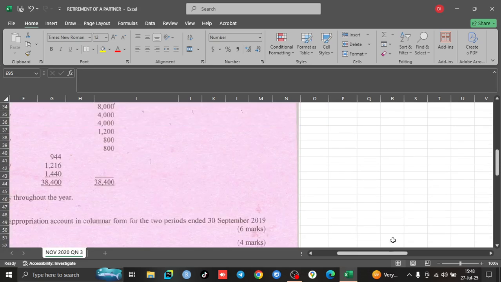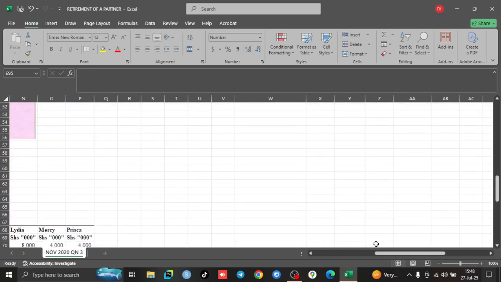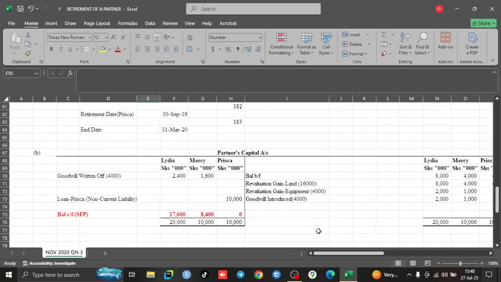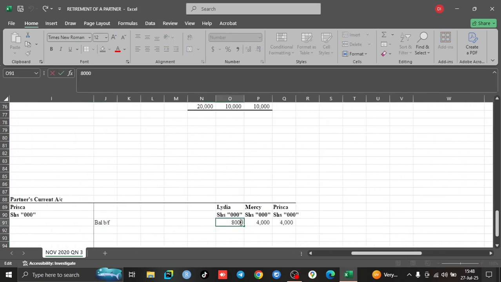So opening balances for current account is 1200, 800 and 800. We have 1200, 800 and 800 here. That's our balance brought forward.